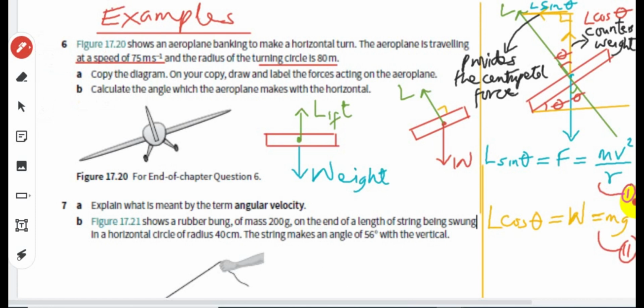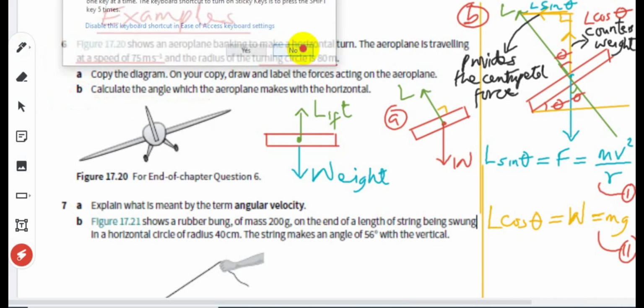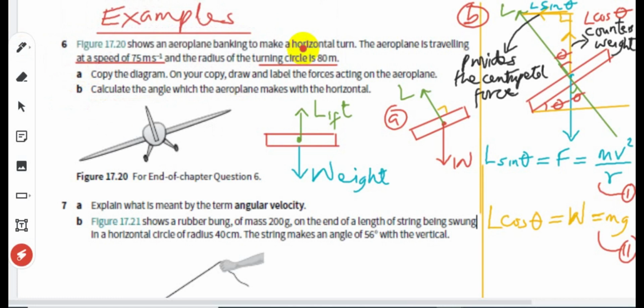That's the B part of the question we are solving. This is actually the A part, where we showed the forces acting. The B part of question number 6 says: calculate the angle. We need to find the angle which the aeroplane makes with the horizontal. That's this angle, theta, which is the same as this angle.